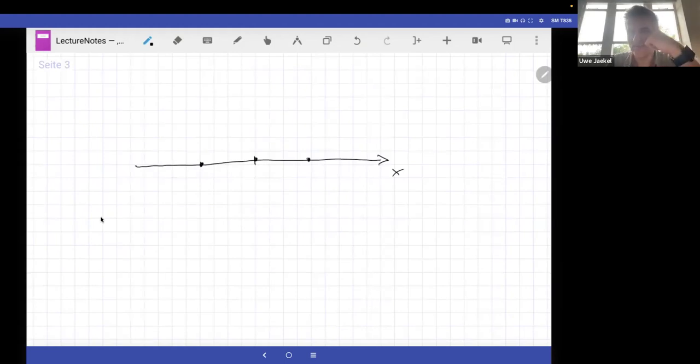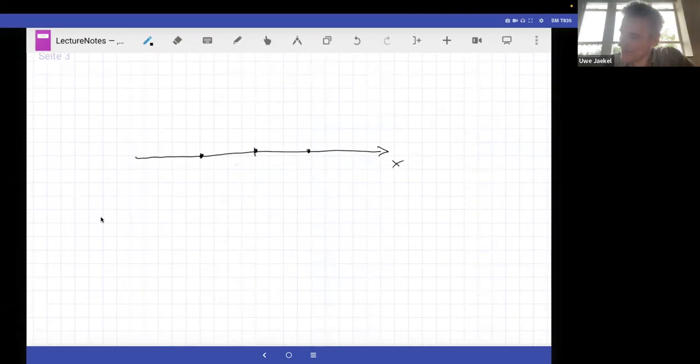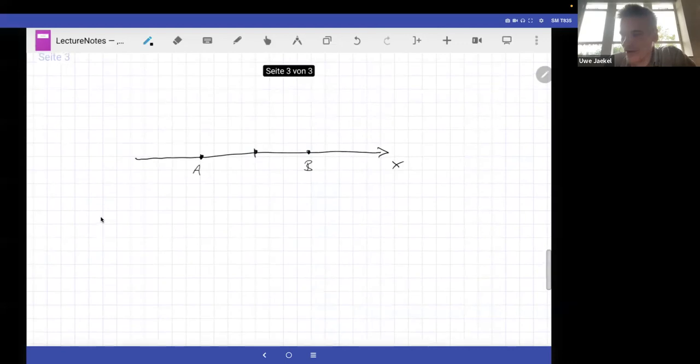What is the thing that we have to take into account if we think about our experience with matter transport? When we want to move from A to B, the only possibility to transport the matter from A to B is to cross every point that is in between. So in particular, we have to cross this point here.